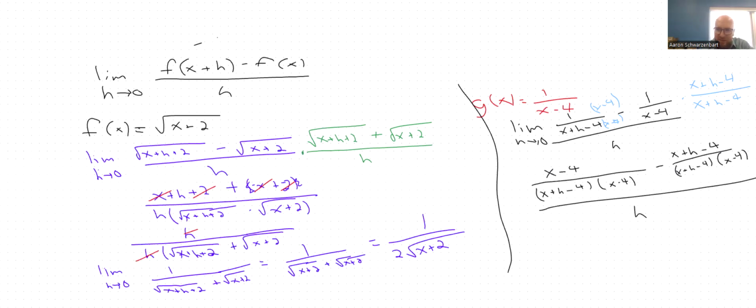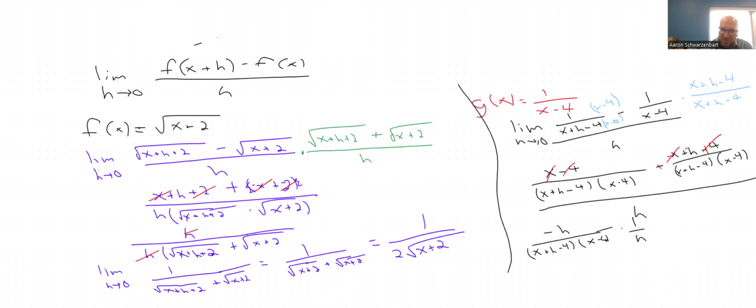I'm going to go ahead and distribute this minus to everything, which plus 4 and minus 4, those are a common denominator, so they go together, and minus x and x cancel, leaving me with negative h over, and this divided by h is the same as times 1 over h, which means my h's cancel.